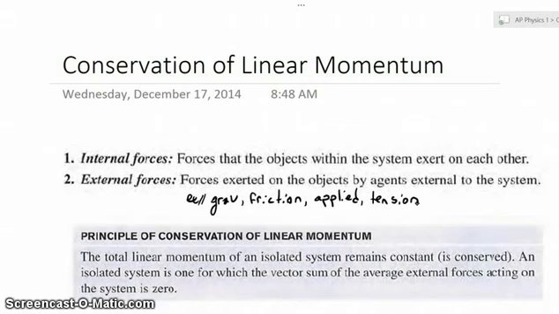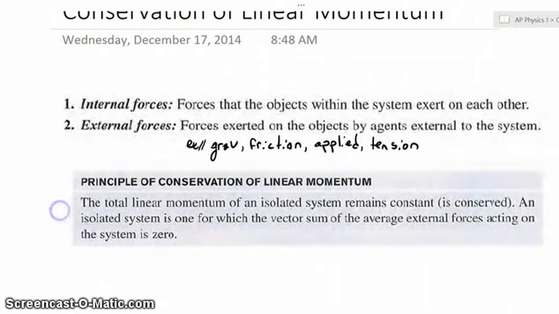They're not forces that the objects exert on each other. They're forces somewhere other that are exerted maybe on both objects or something like that, but they're not internal to the system.